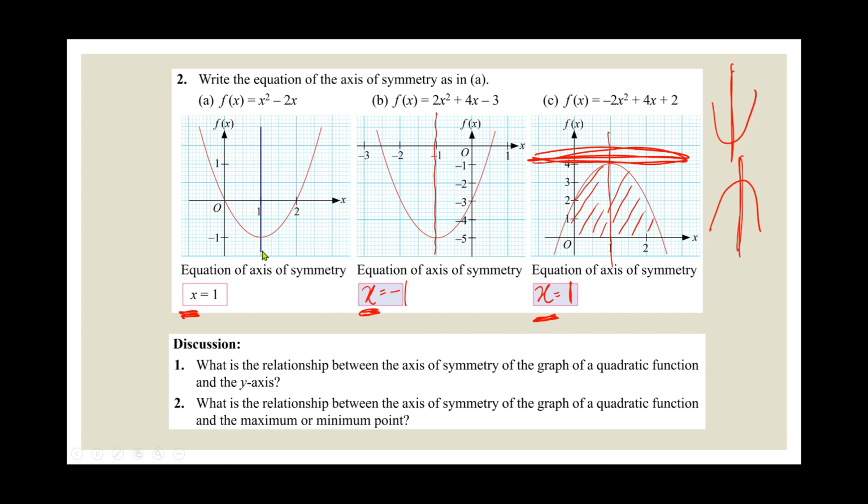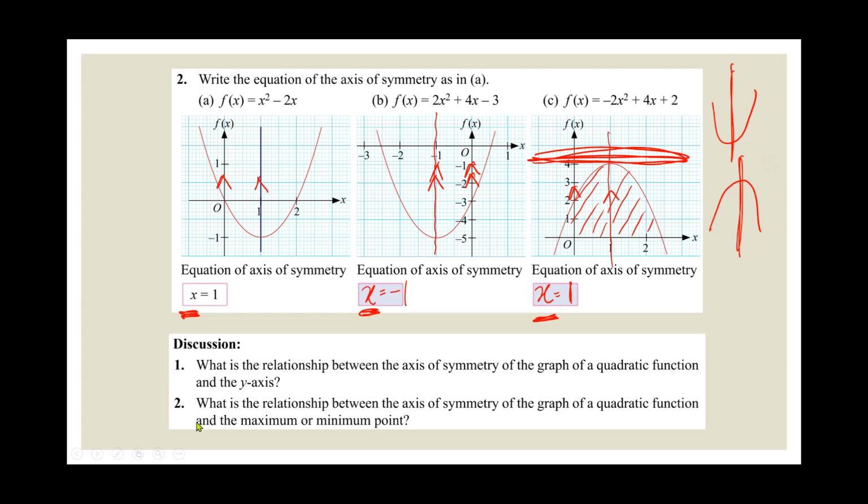Not really correct. Parallel to the y-axis. Yes, very good. They are parallel. So this axis of symmetry is parallel to the y-axis. Okay, you can see all the axes of symmetry that we have. This one is also parallel to the y-axis. Everything is parallel here for the y-axis and axis of symmetry.